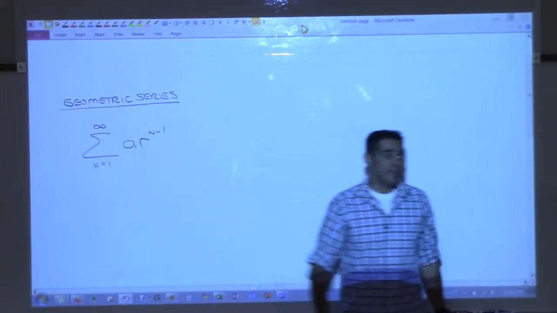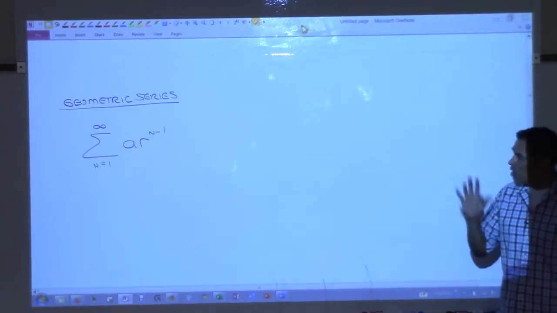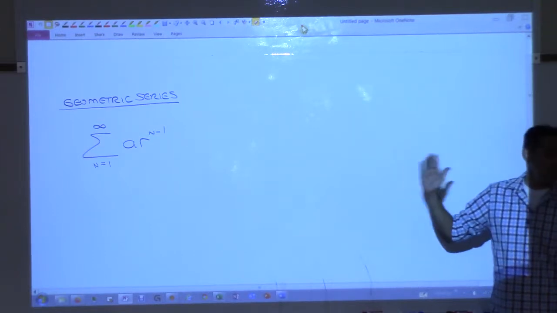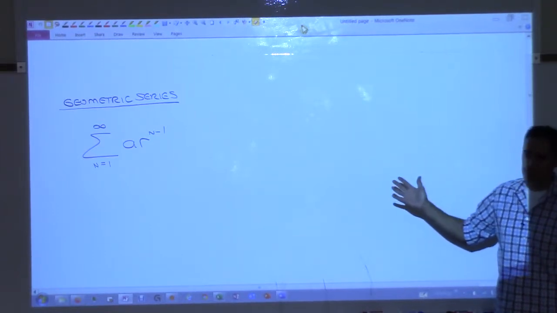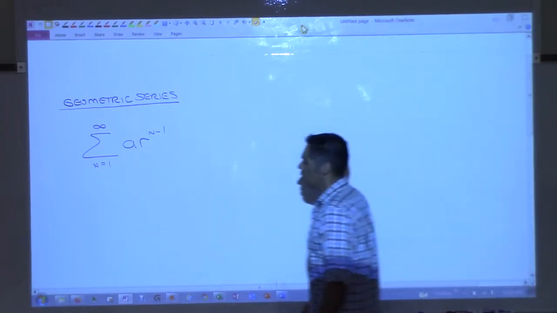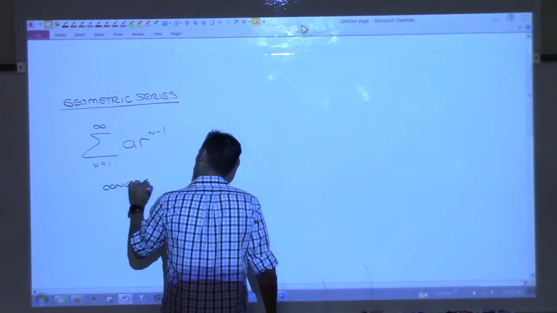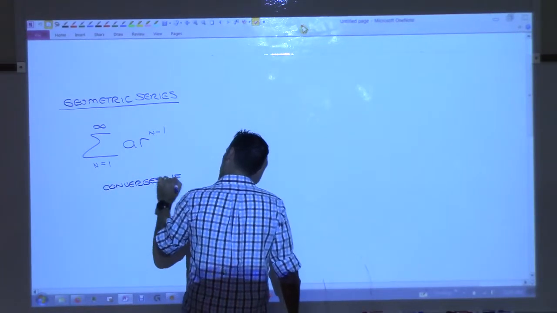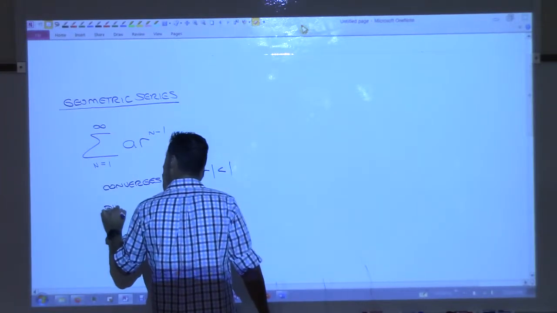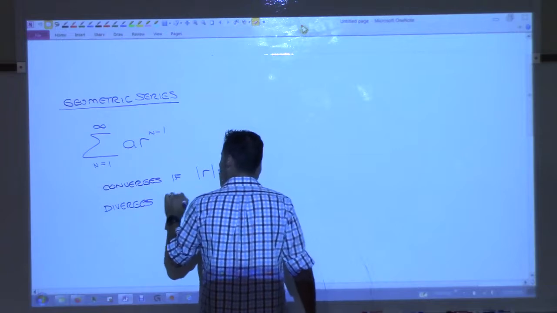And that series will converge sometimes and diverge sometimes, and it all depends on what. What is the one thing that's going to determine the convergence or divergence of a geometric series? R, okay? R is what determines it. So this will converge if the absolute value of R is less than 1, and diverges otherwise.